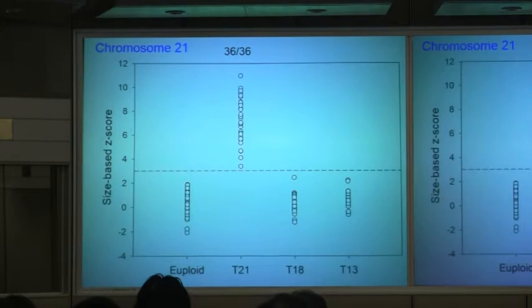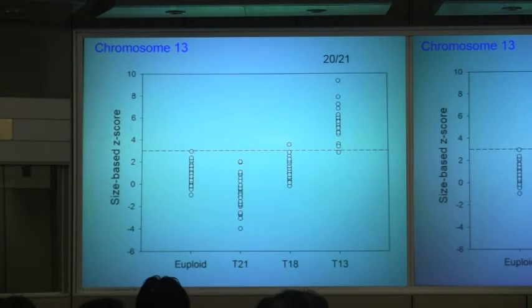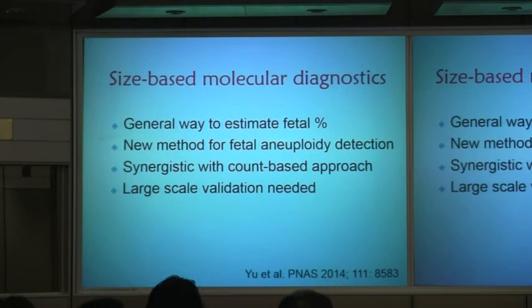So we actually measured the size in different chromosomes. For example, we measured chromosome 21, and found that the trisomy 21 pregnancies are different from the other cases. On the other hand, if you look at chromosome 18, then those with trisomy 18 are different. And if you look at chromosome 13, then those with trisomy 13 are different. So now you have a new way, based on size, which is different from the counting method.